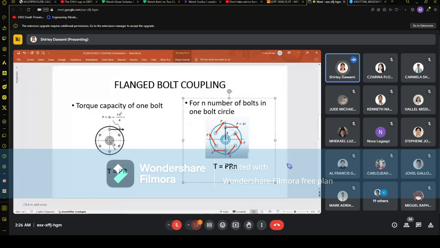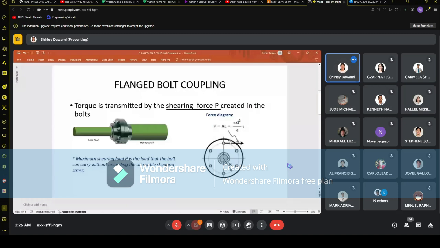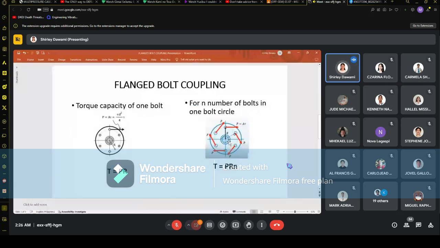So for these representations, these forces, as mentioned earlier, the shearing force or resistance must be perpendicular to the center. So it is perpendicular from the center.